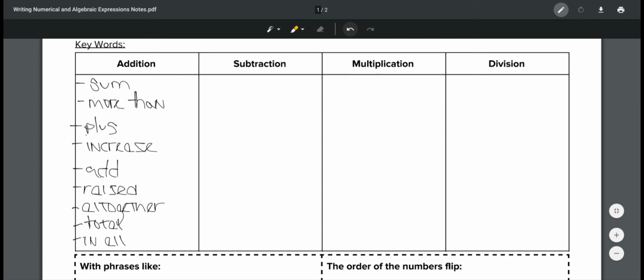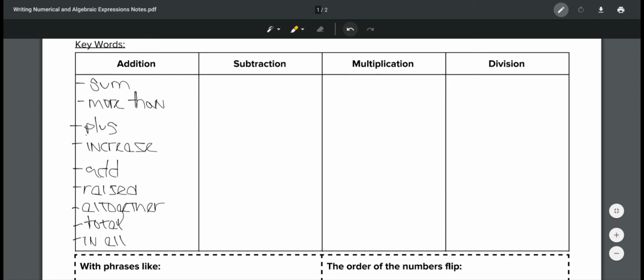Again, there are more ones that you could say here. I'm just naming the most common ones. Again, I know my handwriting's a little bit messy because it's on the tablet, so bear with me. But if you need to pause and copy these down, do so right now. Again, we have sum, more than, plus, increase, add, raised, all together, total, and in all.